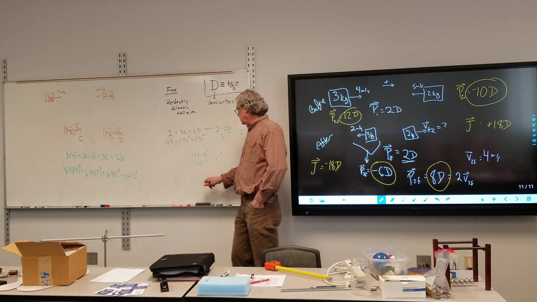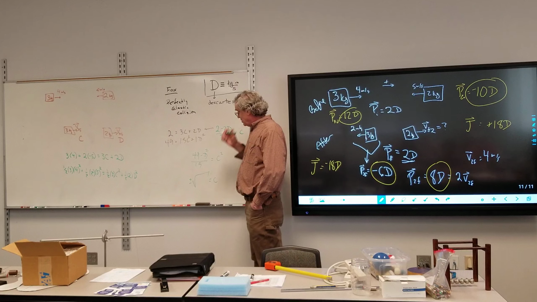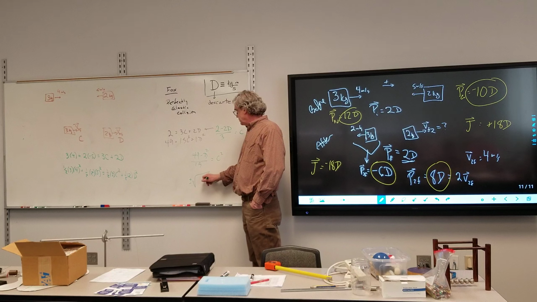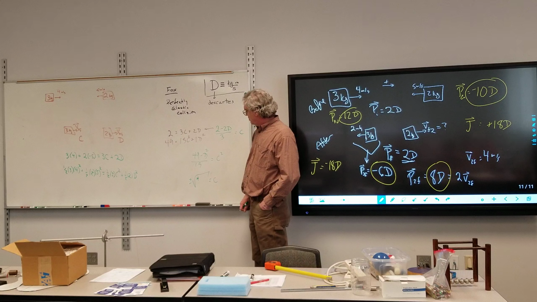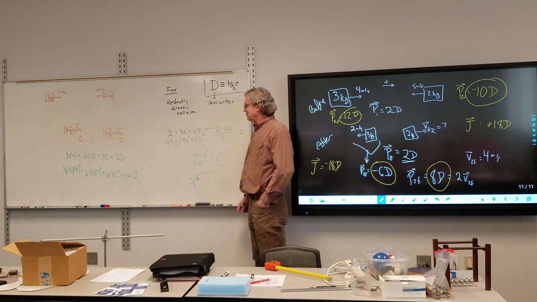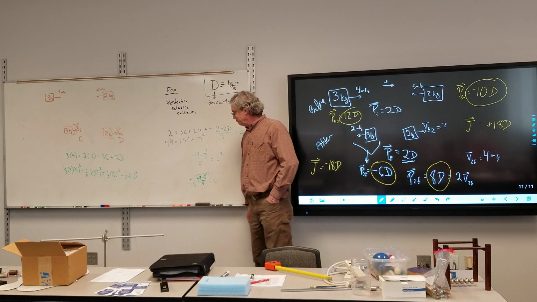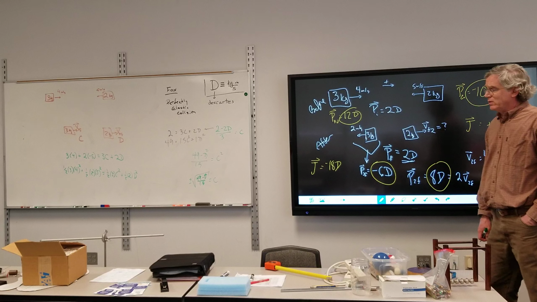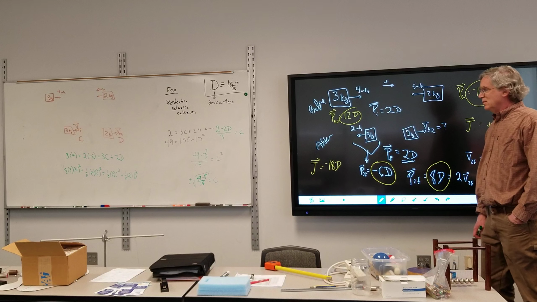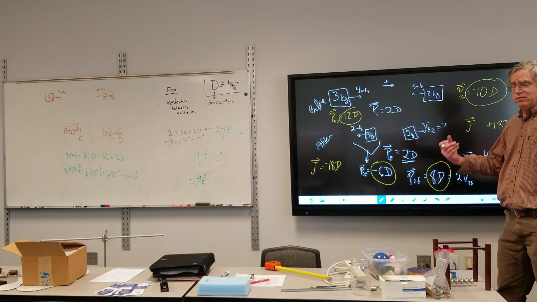So C equals plus or minus the square root of whatever that is. 7 minus D? No, that's not the way square roots work. I don't know if the positive or the negative is the right solution. If C is negative, then it's going to the left. If C is positive, then it's going to the right.